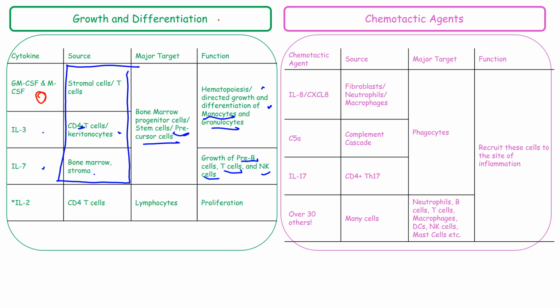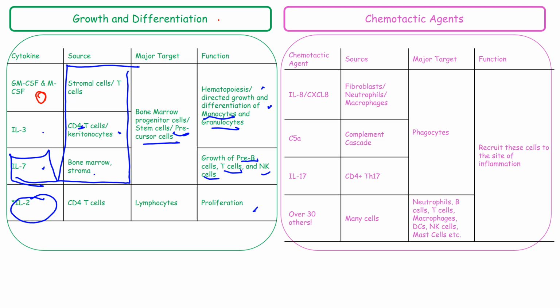Remember that IL-7 is absolutely required for the growth of B cells and T cells. You'll notice here that I have IL-2 again, really just because it creates proliferation and that makes it a growth factor.